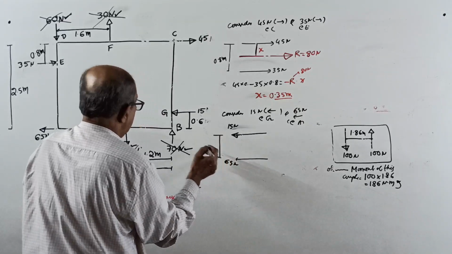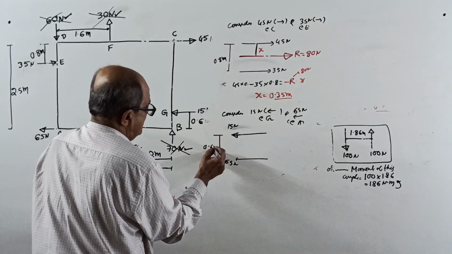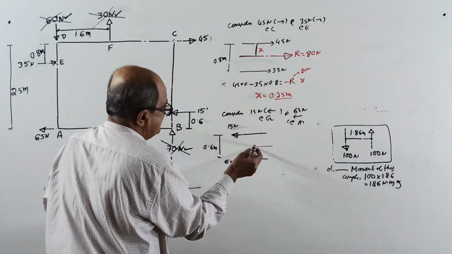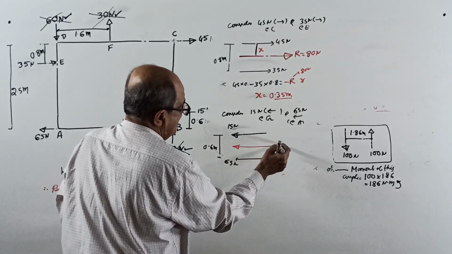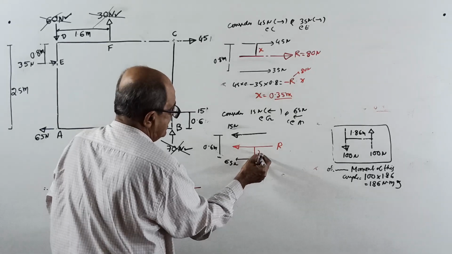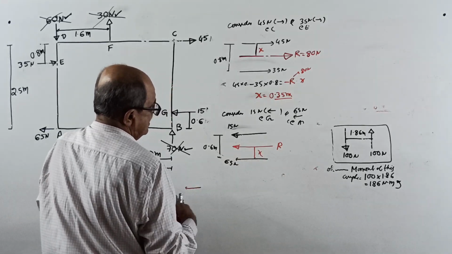Distance between them is 0.6 meter. Let the resultant be R. Let it be at X from here.